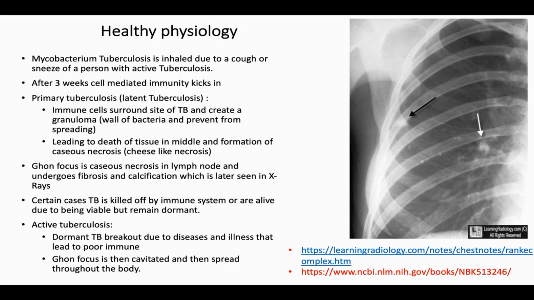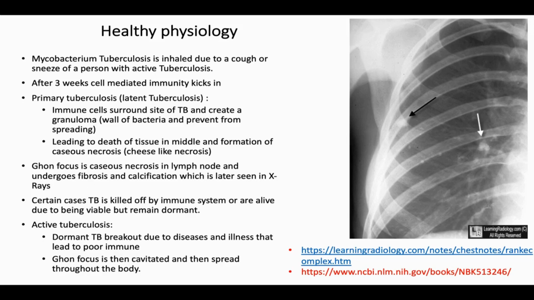So, for primary tuberculosis, which is latent tuberculosis, immune cells surround the site of tuberculosis and create a granuloma, which is a wall around the bacteria to prevent them from spreading, which leads to death of the tissue in the middle and forms caseous necrosis, which is a cheese like necrosis. So a Ghon focus would be a caseous necrosis in a lymph node, which then undergoes fibrosis and calcifies. Due to the calcification, it is seen under X-rays, like in the image on the right.